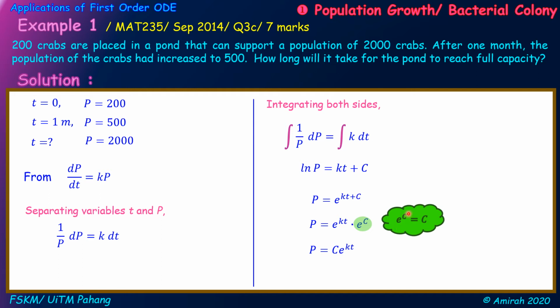So a constant to the power of a constant will equal a constant. So we can write e to the power of c equals C. Now we have population equals Ce to the power of kt. Then we can write equation 1.